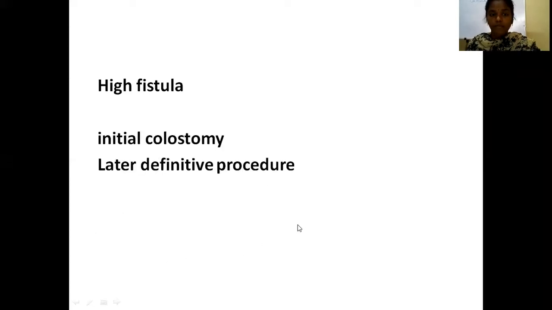Coming to the high anorectal malformations or high lying fistulas, the treatment is a staged procedure. Initially, you have to do a colostomy, that is bringing the stoma outside, then the definitive procedure.